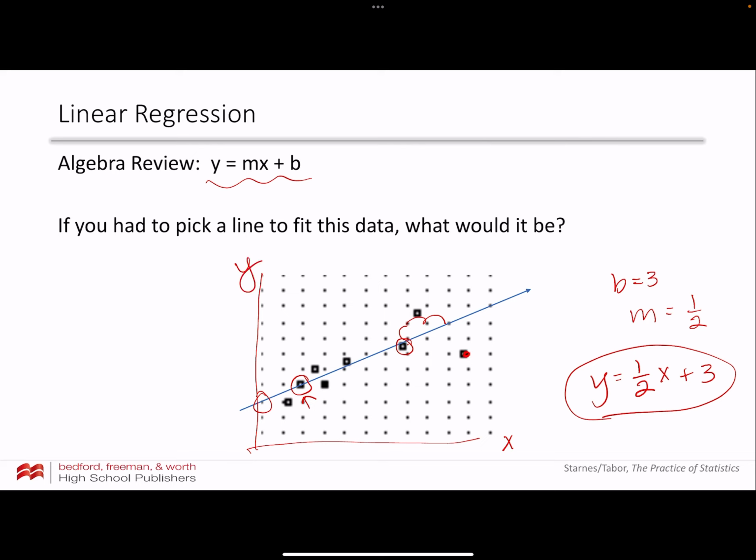Like this point, let's say 1, 2, 3, 4, 5, 6, 7, 8, 9, 10. This is the point somewhere close to 10, 1, 2, 3, 4, 5. Not exactly, but this is the point close to 10, 5. So the x value is 10, the y value is 5.